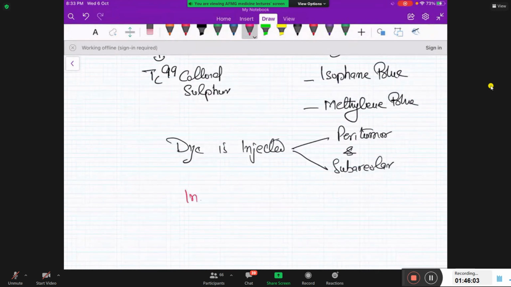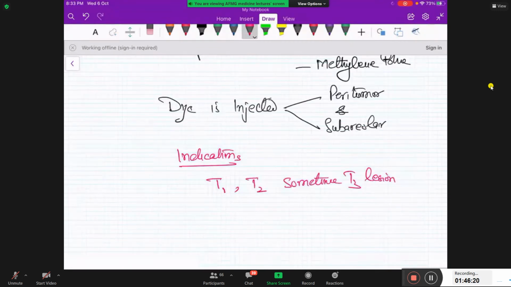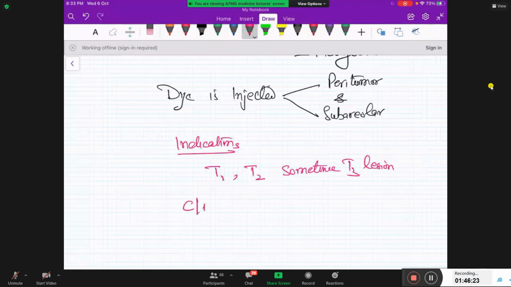The indications of sentinel lymph node biopsy are T1, T2, sometimes T3 lesions.